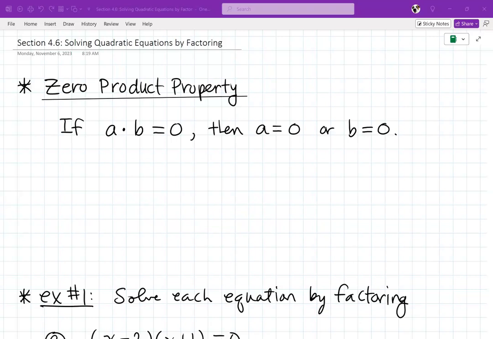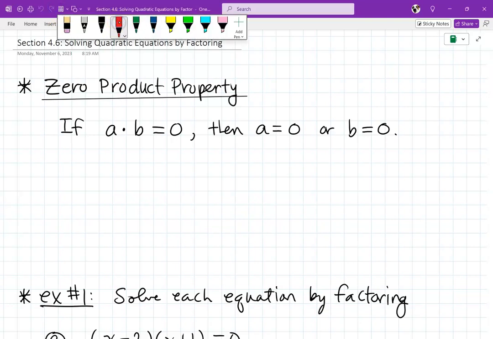So that's what this property says. If two things are being multiplied and they equal 0, then one of them is equal to 0, or the other one is, or they're both equal to 0. The reasoning is basically this.